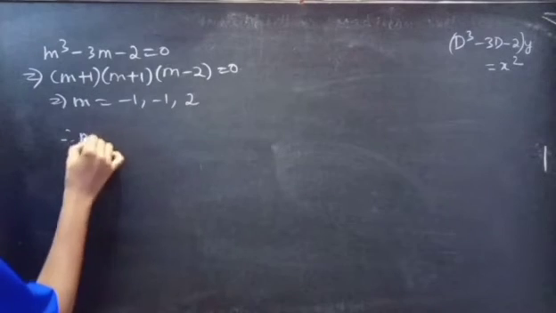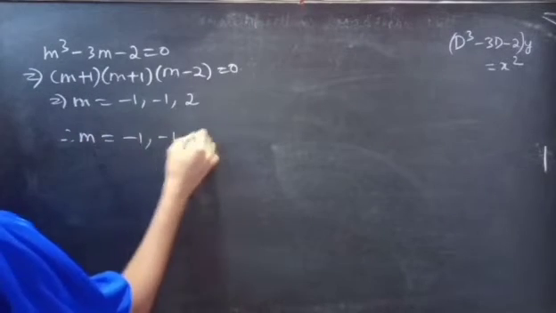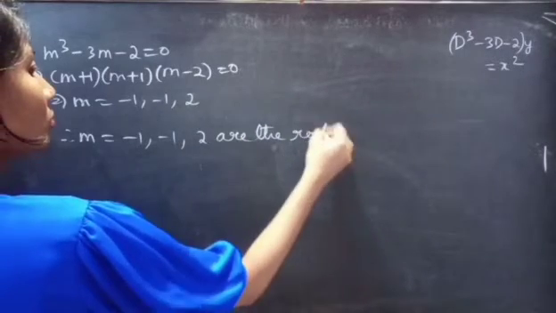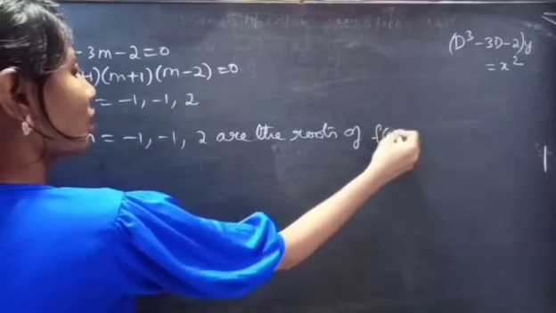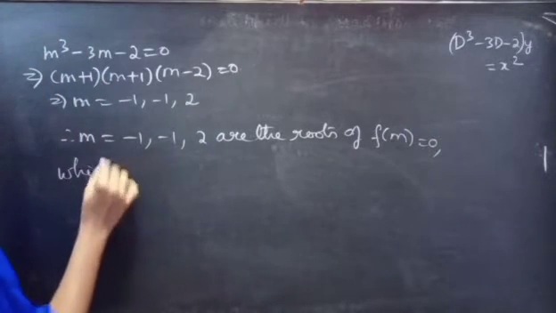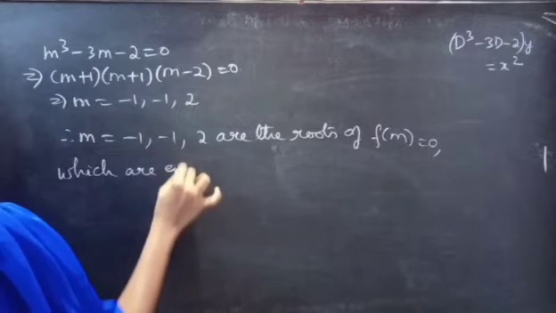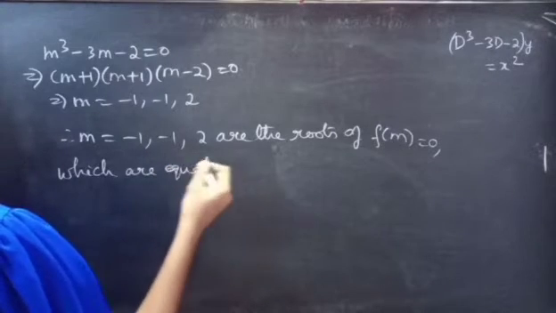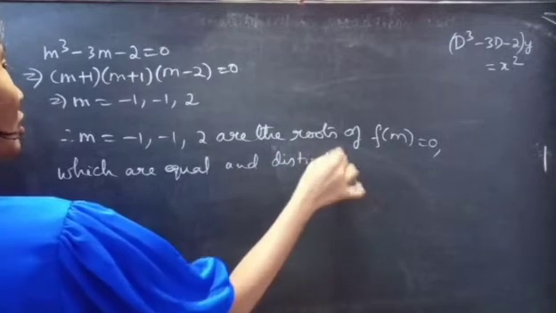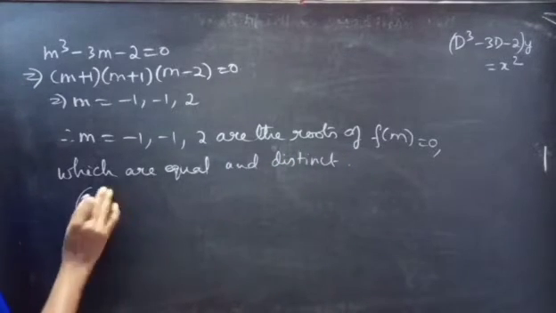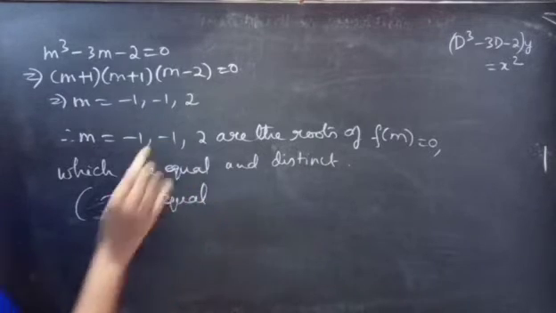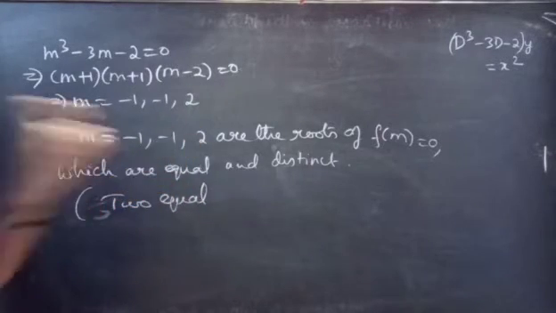Therefore, m equals to minus 1, 2 are the roots of f of m equals to 0, which are equal and distinct. What I mean is, two equal roots, equal and real also, these are real roots.